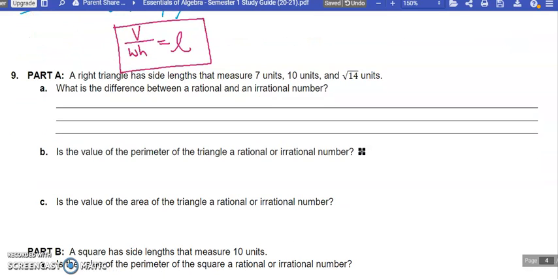All right, number 9. A right triangle has side lengths that measure 7, 10, and square root of 14. What is the difference between a rational and irrational number? Okay, so this is where you're using that vocabulary.